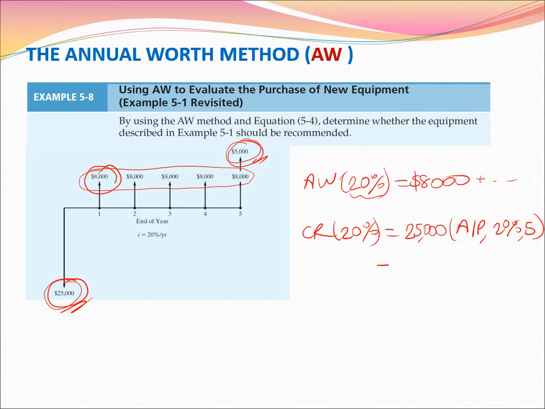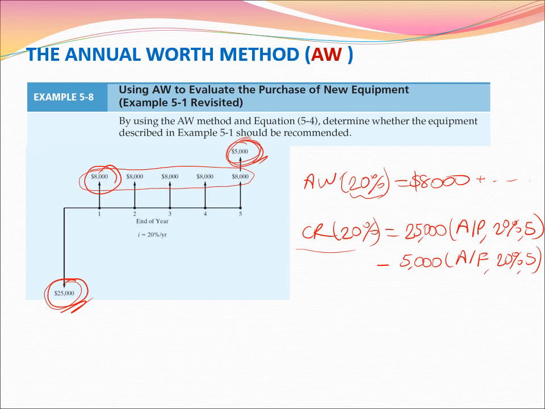And from this one, I'm going to subtract this 5,000. This time it is A given F because it's in the future. Again, 20% interest and 5. So with this formula, I will find the capital recovery.